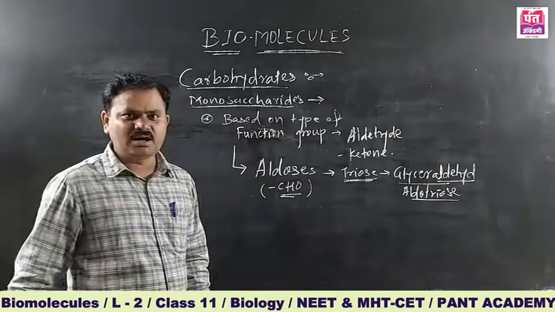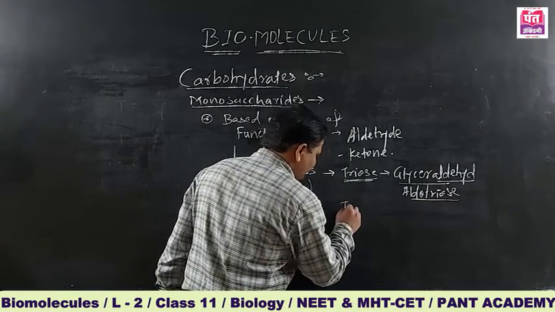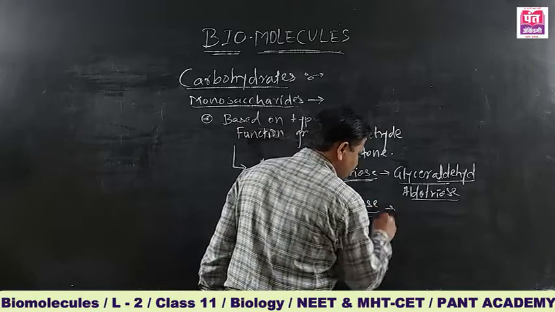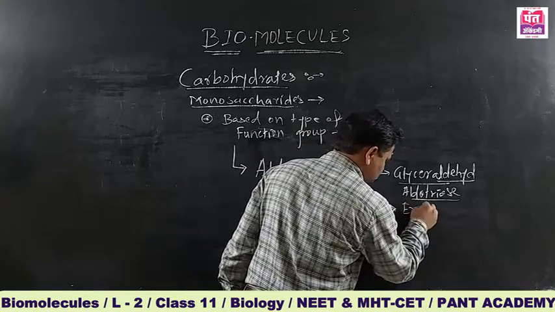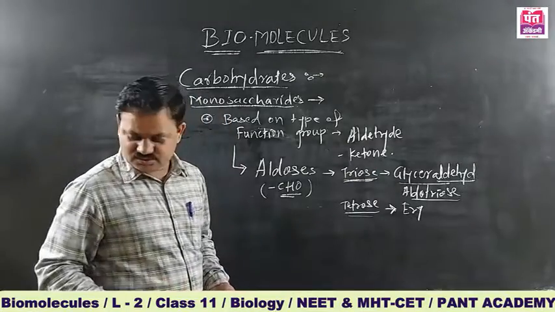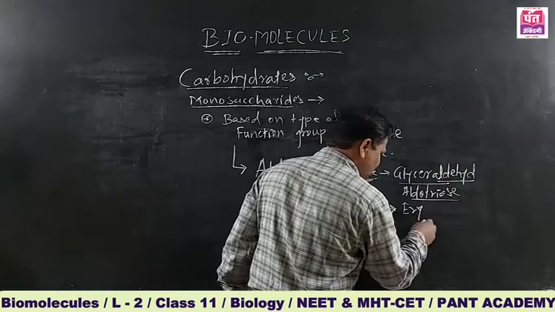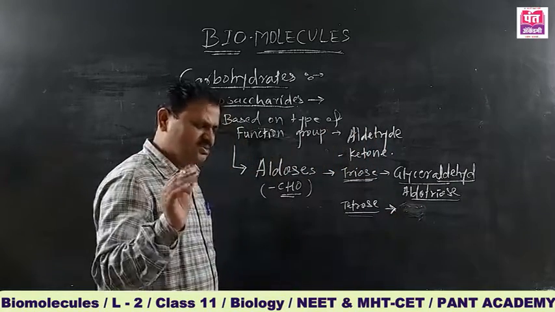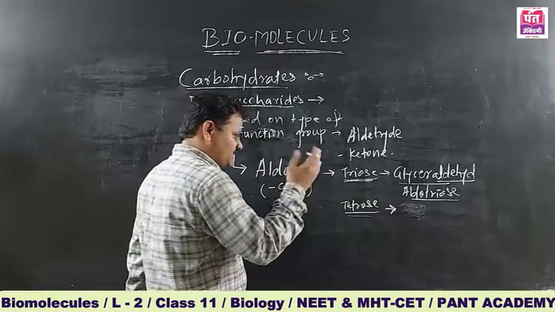You can remember aldotriose. Another, a 4 carbon sugar, tetrose, erythrose. There is no such example you need to remember, but you can have many different examples of such trioses as well as tetroses.